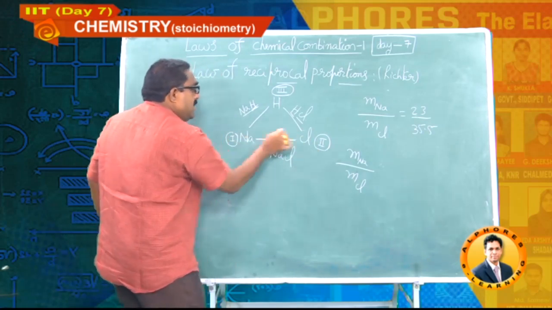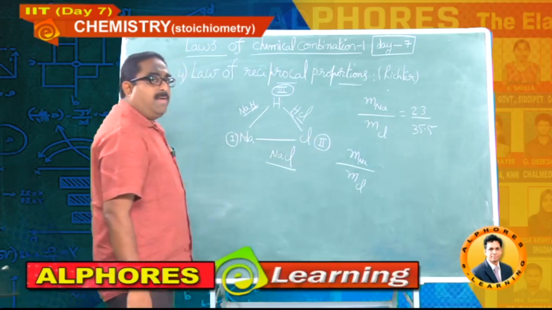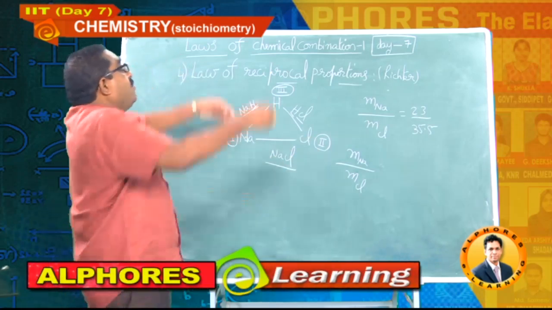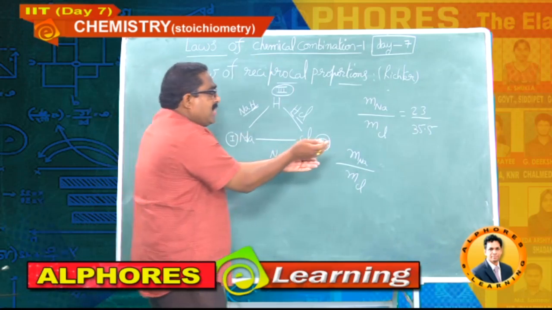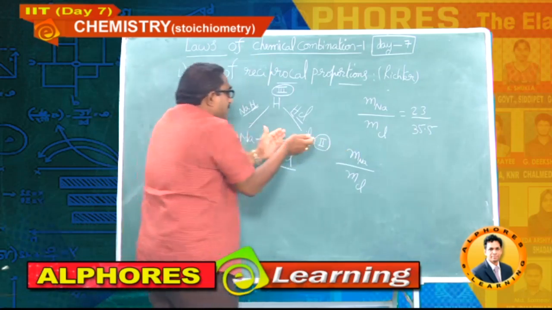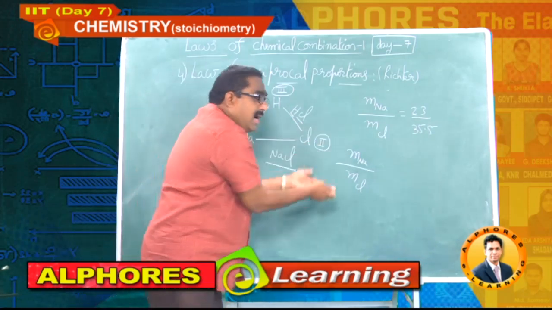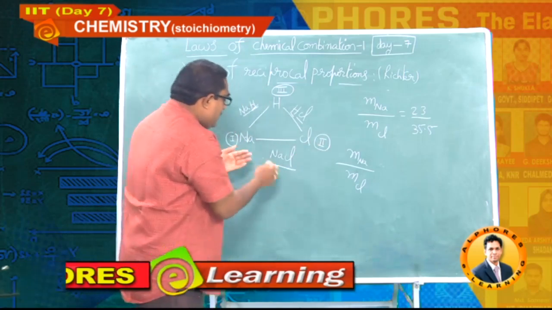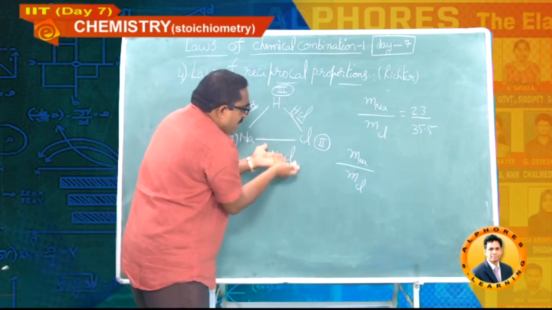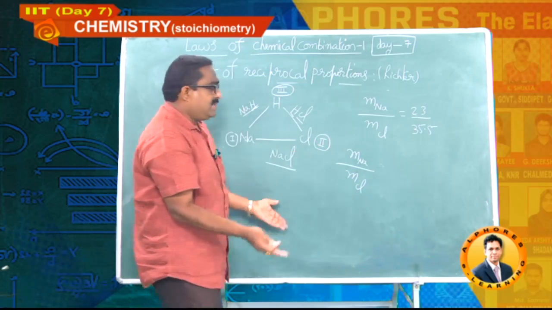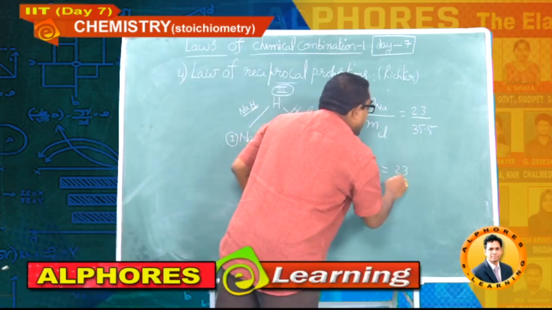Here these two on direct combination you will get sodium chloride. So within the sodium chloride, what is the mass ratio of first two elements? Here nothing but sodium and chlorine. Same, 23 grams of sodium combines with 35.5 grams of chlorine. So here I am writing the same.